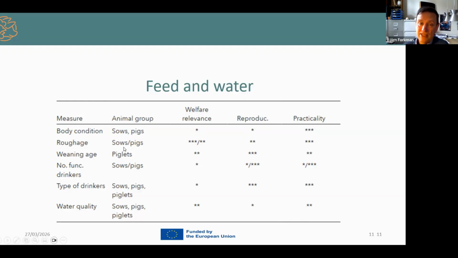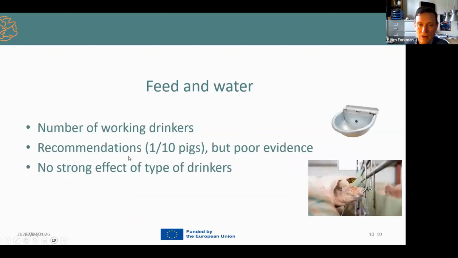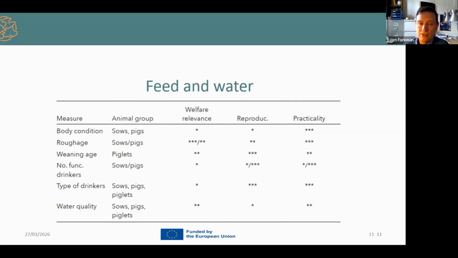Roughage, it's very important for sows, not that important for pigs. Reproducibility is okay, because you need to define what type of roughage we're speaking about, access to it, etc. Practicality, well, just go out and look for it. Weaning age, it's relevant. High reproducibility, very practical measure.